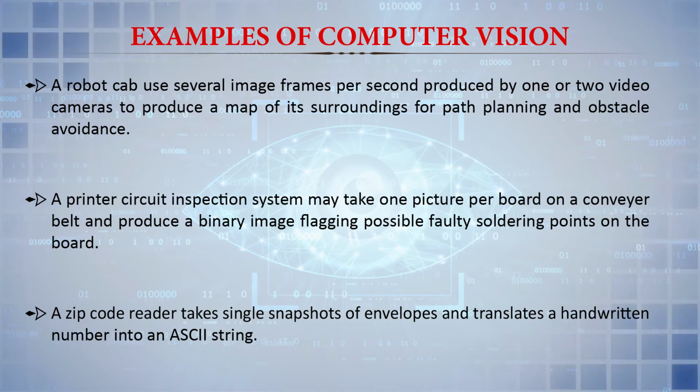The third example is a zip code reader that takes a single snapshot of envelopes and translates a handwritten number into an ASCII string. So, by this you could understand the simple applications of computer vision.